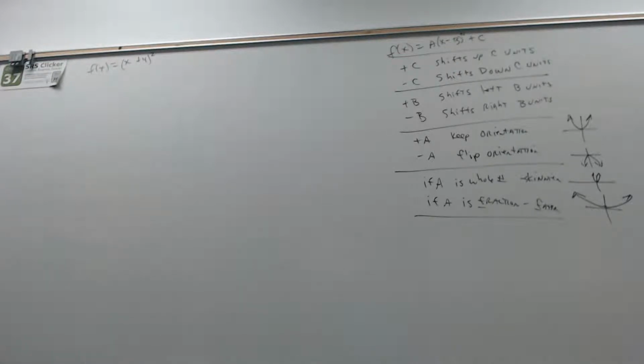Parabola, right? Now the question is, did the parabola shift up, down, left, or right? It shifted left. So if you're to draw this, we're going to go left. How many units? 4 units. 1, 2, 3, 4. And does it open up or down? It opens up. So it's going to open just like that. So that was pretty easy. What if I did g of x?